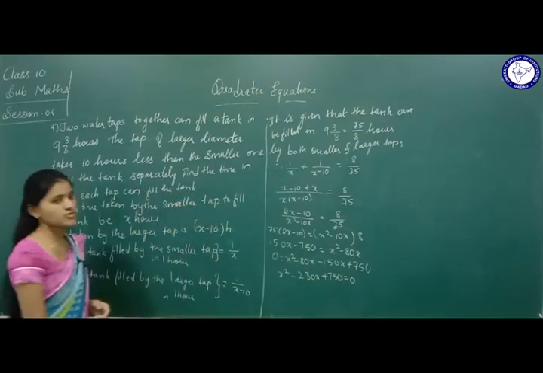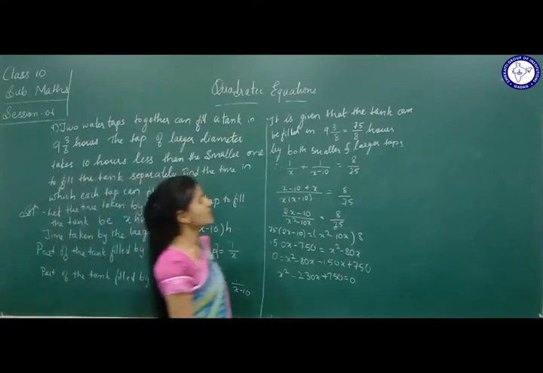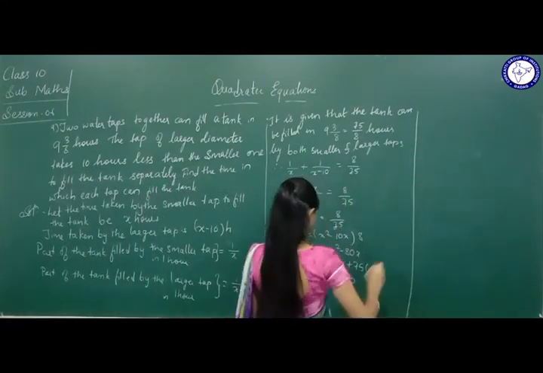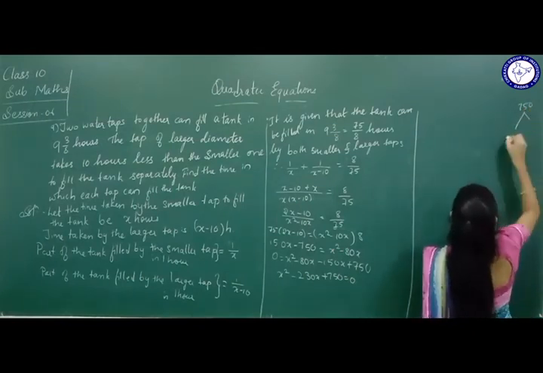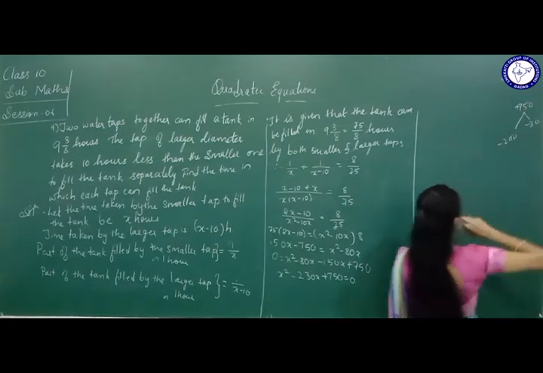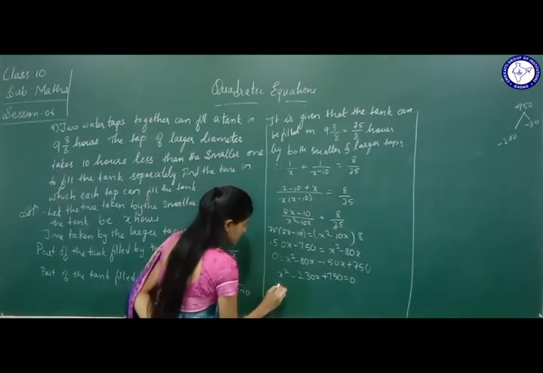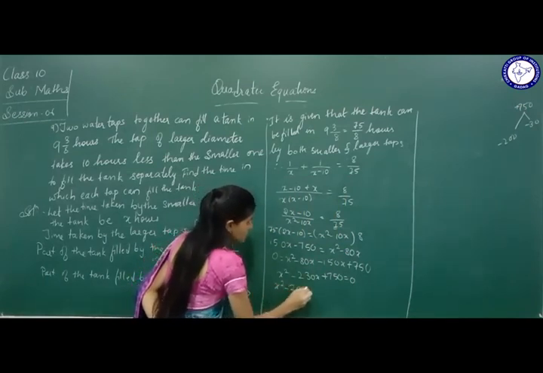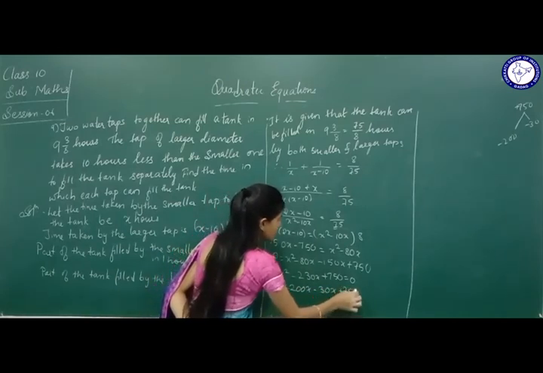Now what are we supposed to do? We are supposed to find the factors of 750 in such a way that on splitting I should get 230. That is 200 and 30. Minus 200 minus 30 is going to give minus 230, nothing but x square minus 200x minus 30x plus 750 is equal to 0.